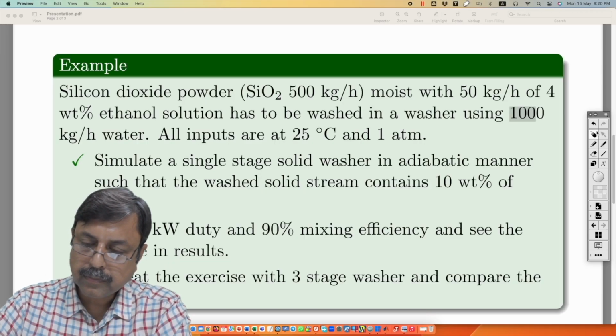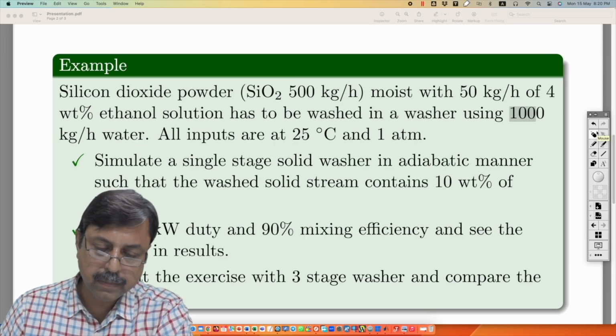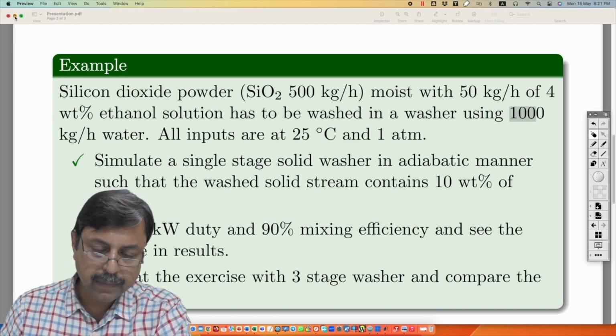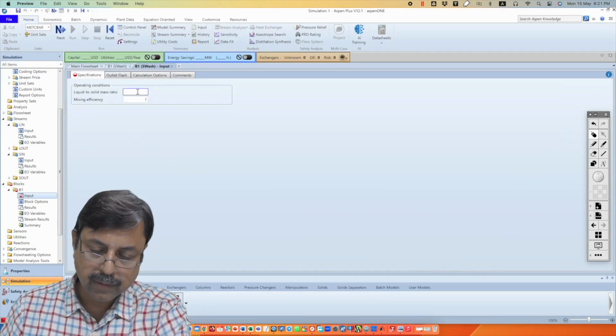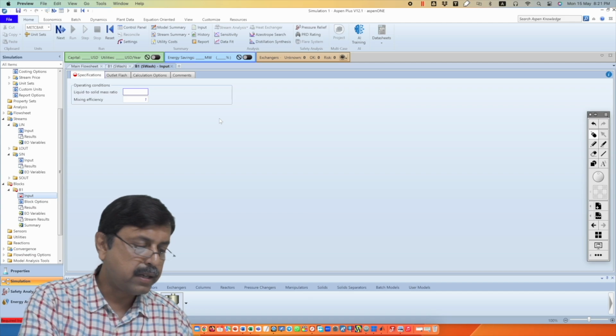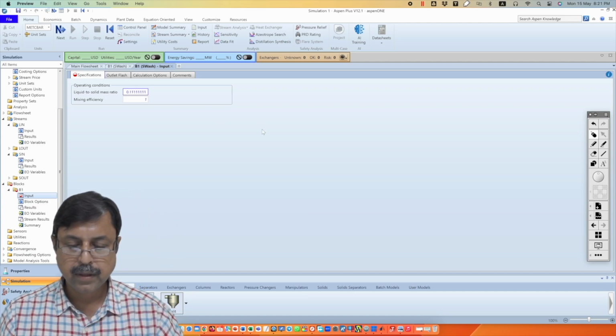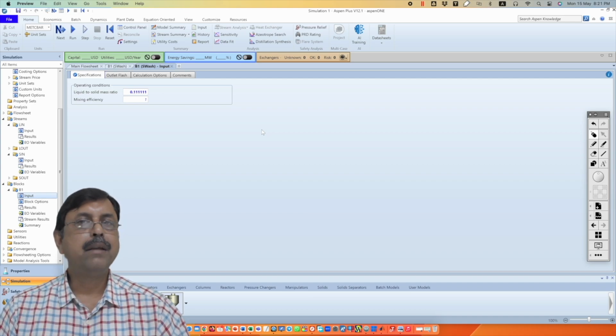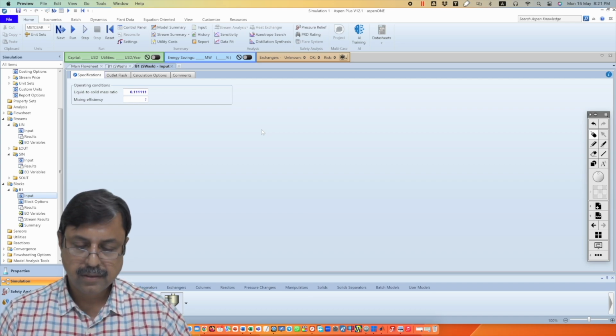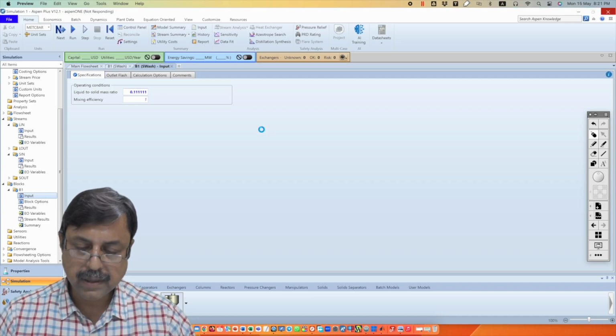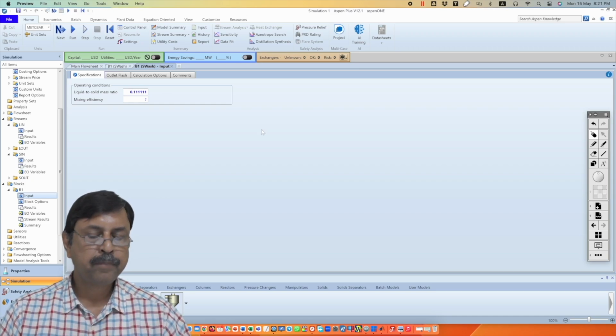So let us go back to our Aspen Plus simulation window. We have to write 0.11111. And the mixing efficiency is 100%, that is one.